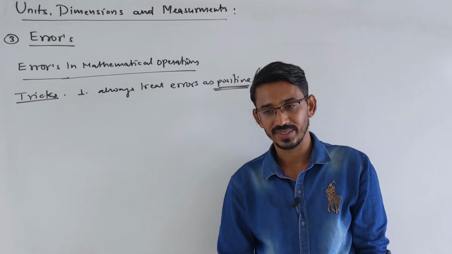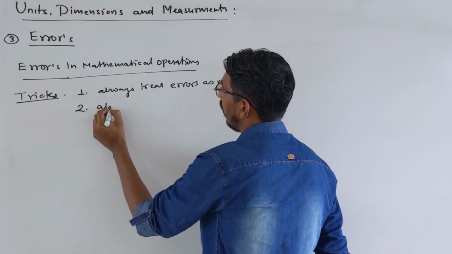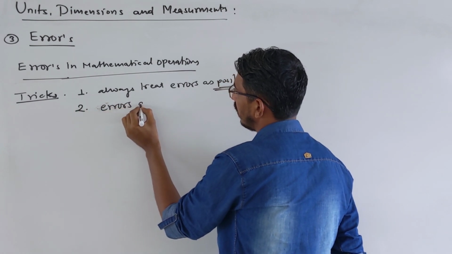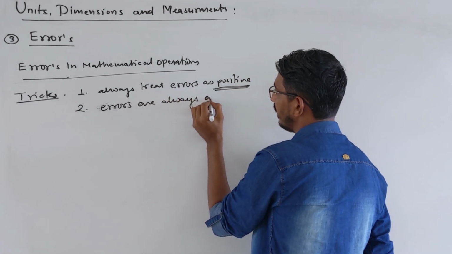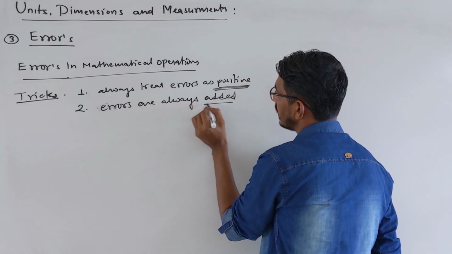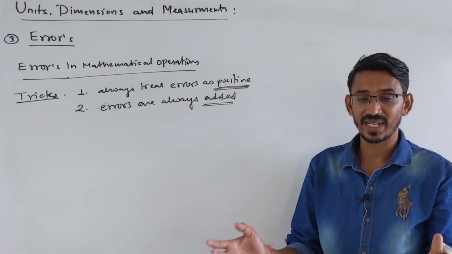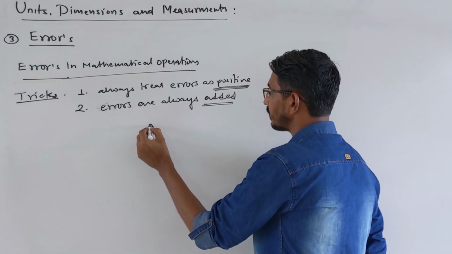Second trick. Errors are always added. All errors are what? Always added only. You cannot subtract error. To understand this, suppose there are two students.